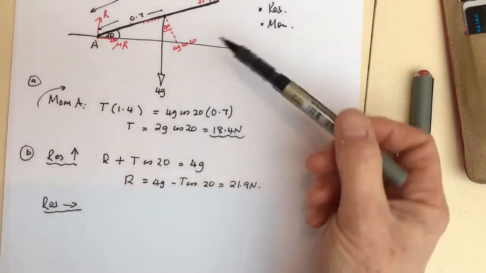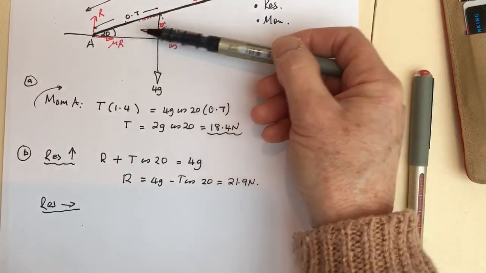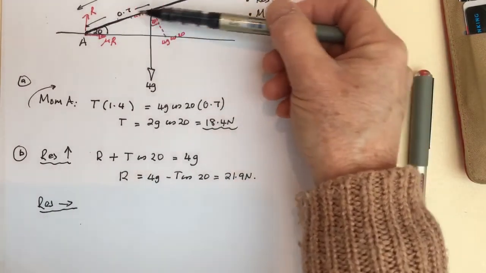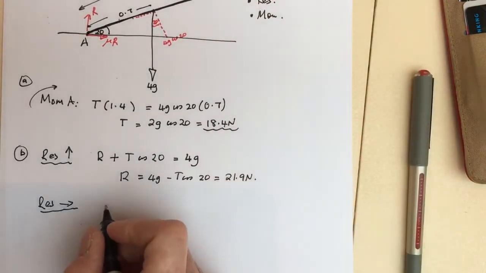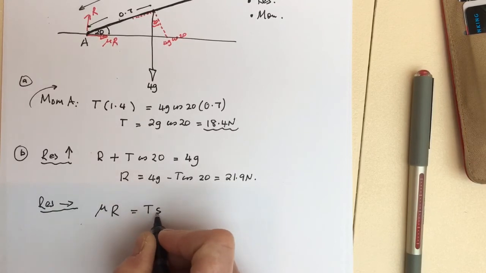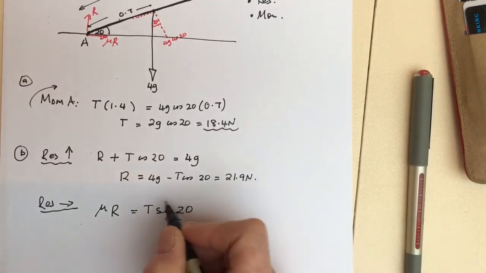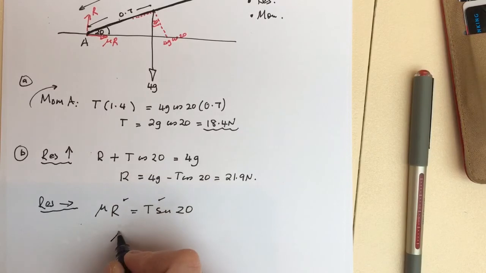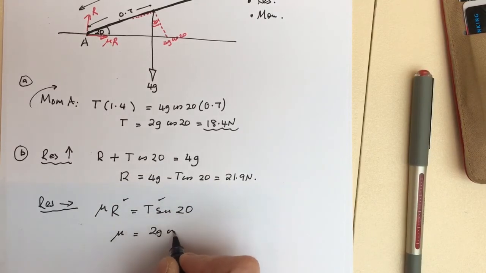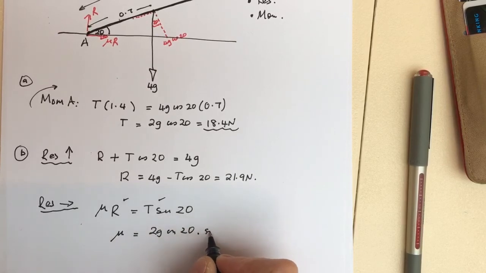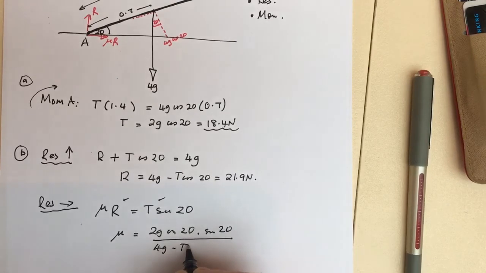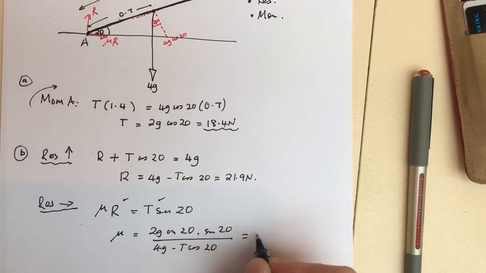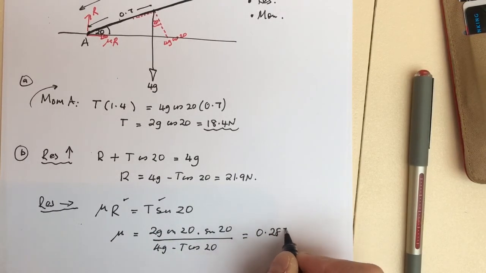Horizontally, only forces I've got going on here is mu R, no effect, no effect, and here I've got T sine 20, so I would have mu R is equal to T sine of 20. I know what T is, I know what R is, so I can work out what mu is. So it'll be T, which was my 2g cos of 20, sine of 20, divided by my R, which was 4g minus T cos of 20, and mu comes out as 0.287.